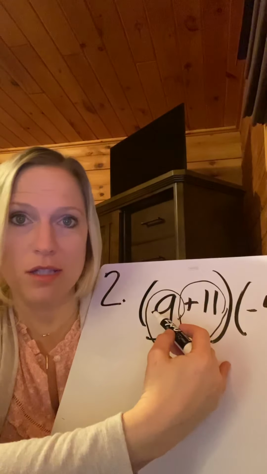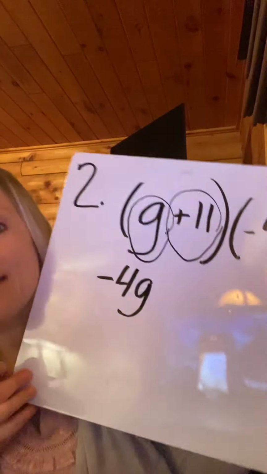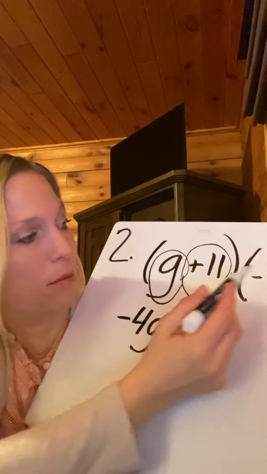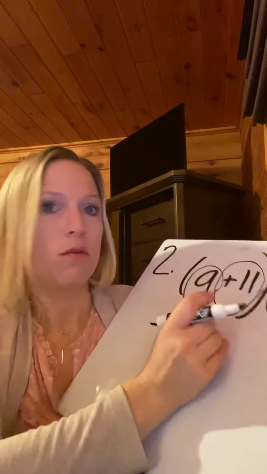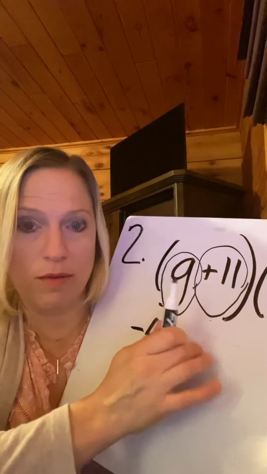I like to multiply by the variable. It's just something I'm in the habit of. What is negative 4 times G? Negative 4G. Write that down. Okay, next thing we're going to do is we have to multiply this term also by negative 4. And I think the biggest problem with the distributive property is the signs, getting the sign right when you rewrite this. So negative 4 times positive 11 is negative 44. Boom. Done. Good times in math class.